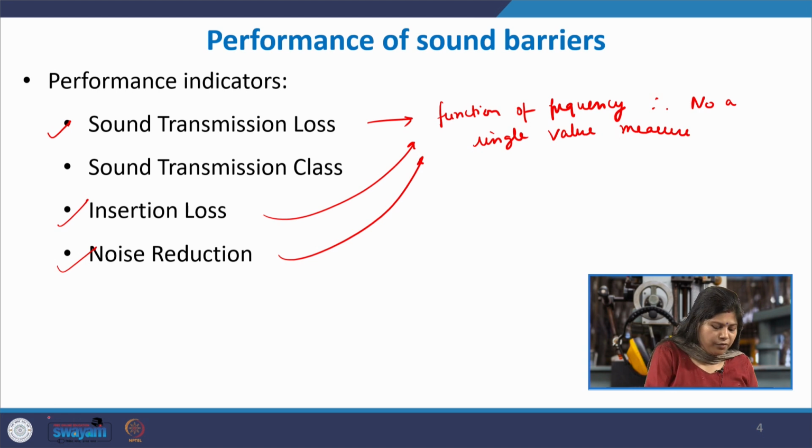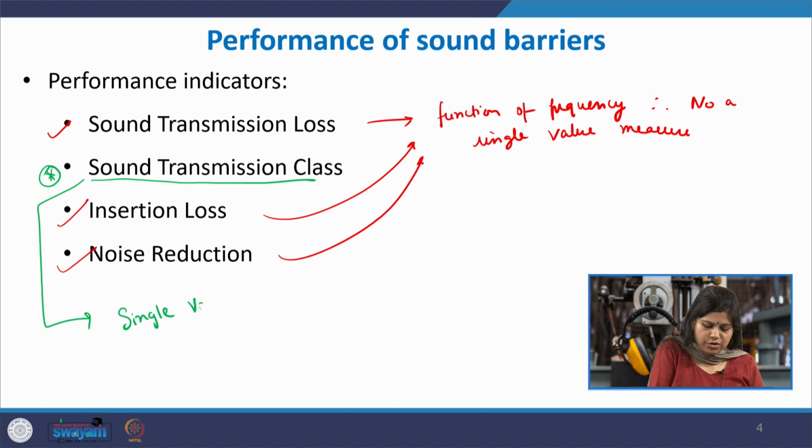Now, in today's class we will discuss the fourth kind of performance measure, which is the sound transmission class, and this sound transmission class is a single value measure.